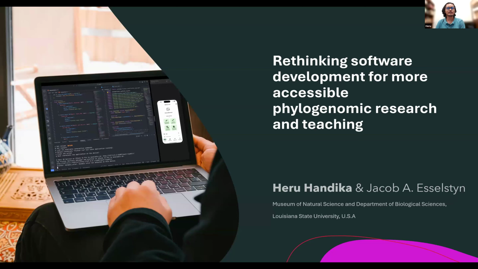First of all, I want to say that it is important for us to improve the diversity, equity, and inclusion in our field, but we rarely talk about the fact that to improve DEI, we also need to improve the accessibility and inclusivity of the software that we run our analyses on.